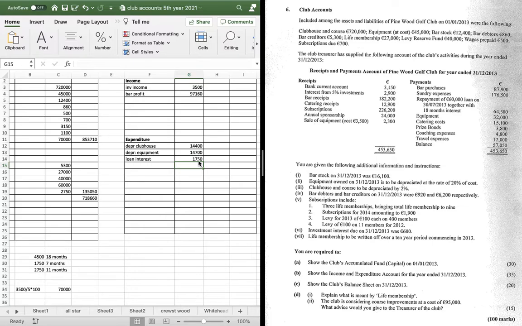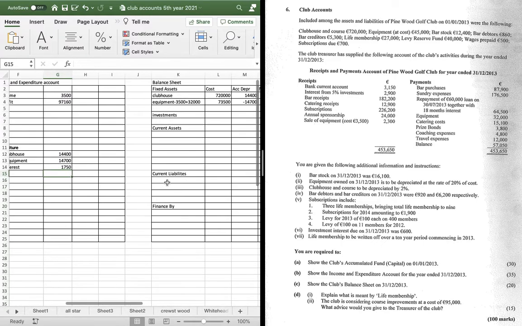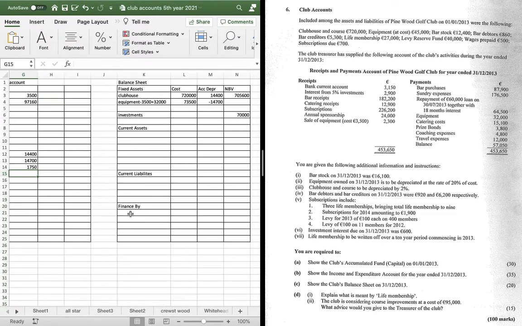So that's the clubhouse and course done, the equipment done, bar stock and bar debtors and bar creditors have been dealt with. The next thing we see is life membership. It's the same process as the equipment, though it goes in your finance side. So it's a long-term liability.